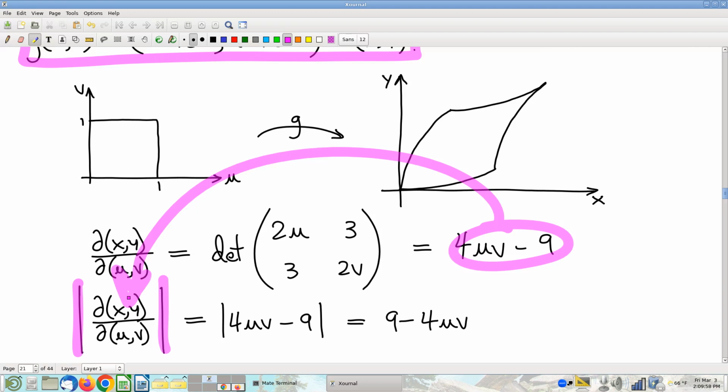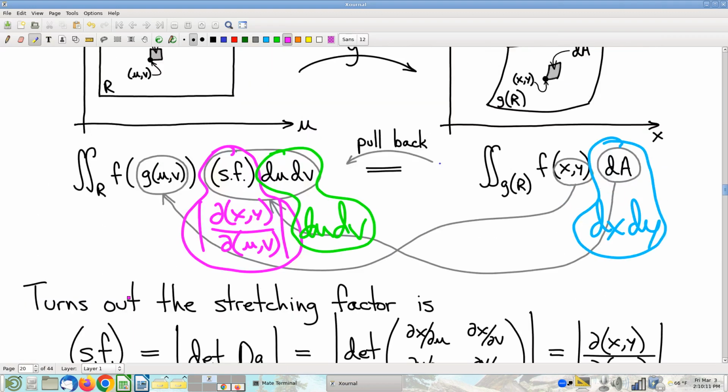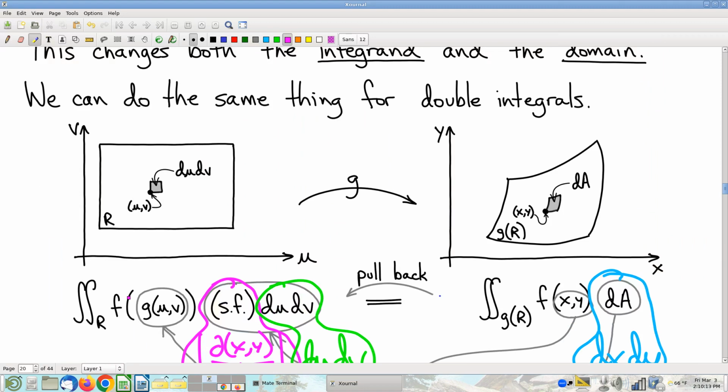And here's where you have to pause. Don't move too fast through this part. This absolute value is important. After all, if you look at what my stretching factor's job is, it's to relate this area, which is positive, to this area, which is also positive. So the stretching factor kind of has to be positive.